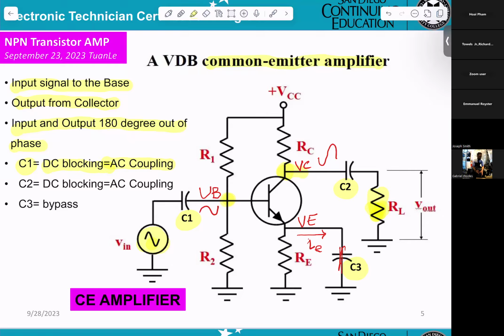That is DC blocking. However, if you get a sine wave AC input, then the sine wave gets through it. Okay? That's what they call AC coupling. So input sine wave, and at the base here, you also get a sine wave.